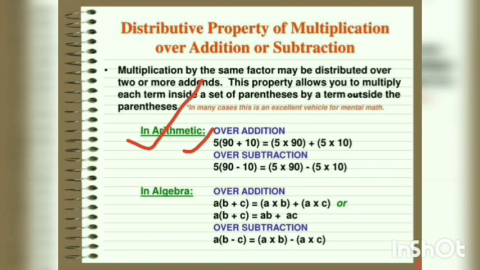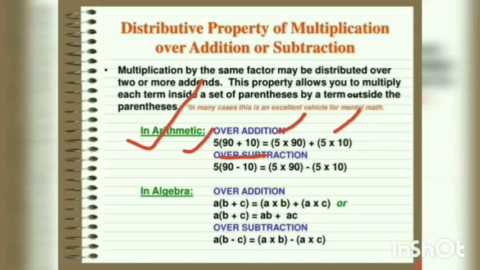As you are distributing the toffees to all the students, within the bracket we have 90 and 10. It means you have to distribute the toffees to both 90 and 10. So when you distribute the toffees, it will be 5 into 90, and you will give toffees to 10 also, so it is 5 into 10.